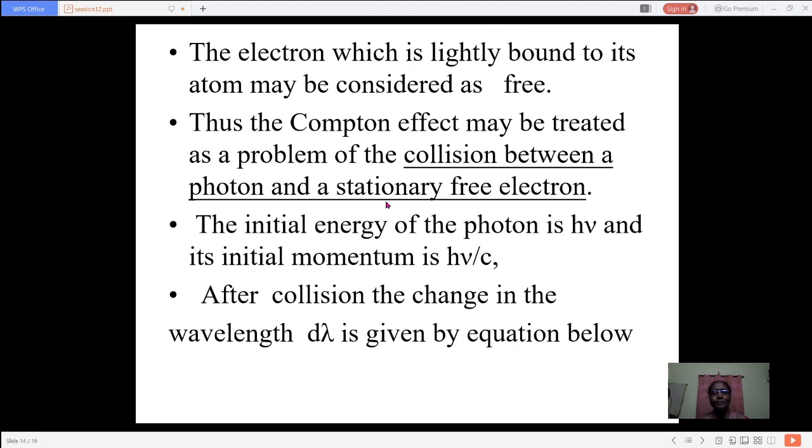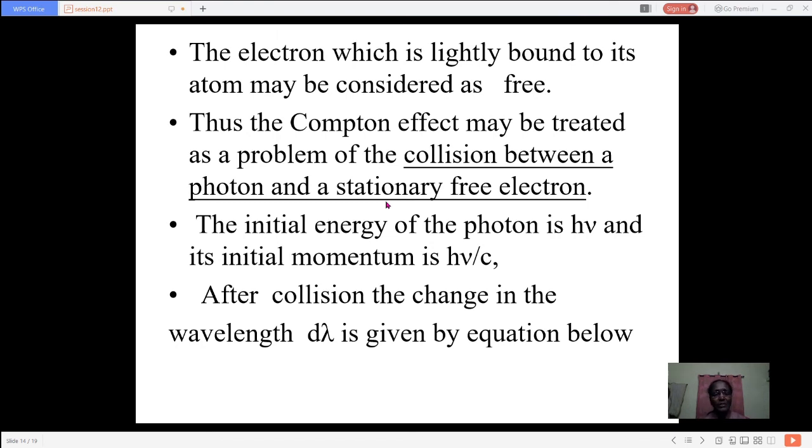So the Compton effect is a problem in which we have a collision between a photon, which is a particle, and a free electron, which is also a particle.